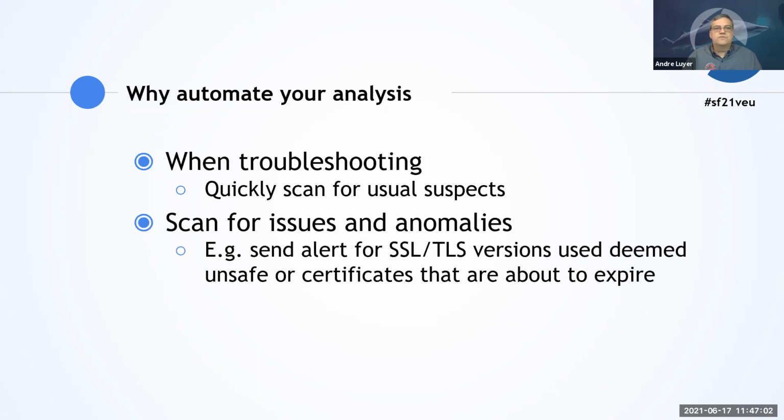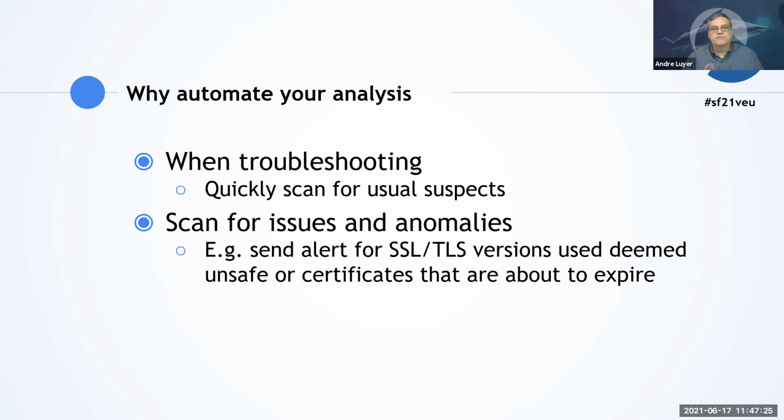You can also use it to scan for issues and anomalies. For instance, is the encryption version used outdated or unsafe, especially with security issues. What's safe today may be unsafe tomorrow, so that's a cat and mouse race, basically.